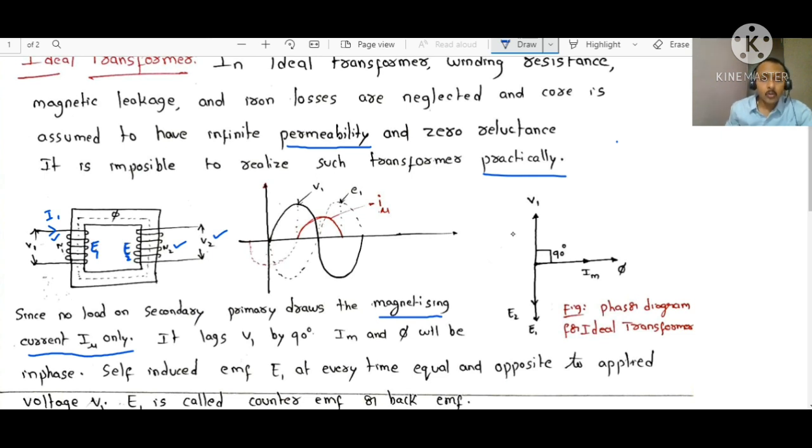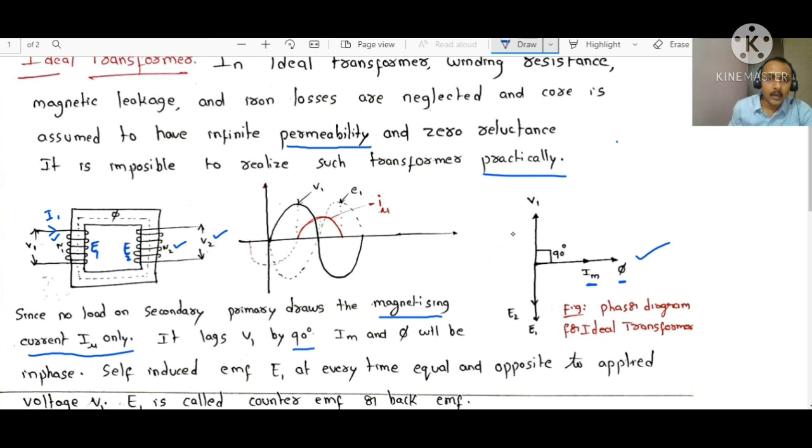And this current is going to lag the applied voltage by 90 degrees. Now this magnetizing current and the flux will be in phase. This is what we have drawn in this phasor diagram. I mu and phi are both in phase.